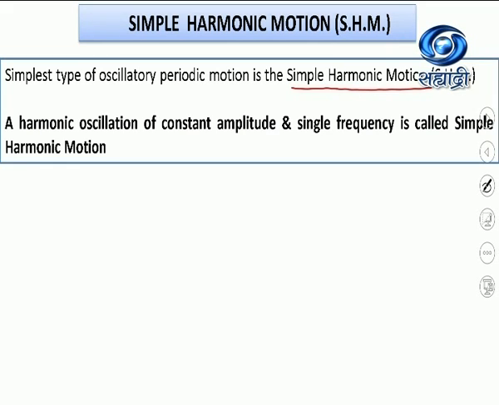More precisely, a harmonic oscillation of constant amplitude and single frequency is SHM. So in the earlier case, we have seen that whenever an oscillation is harmonic, then the amplitude of that oscillation has to be constant and the oscillations must be of single frequency.